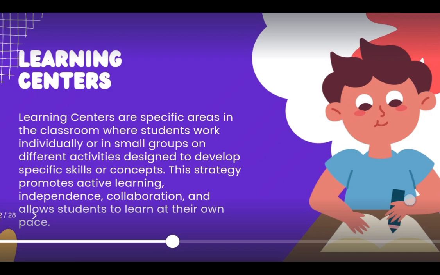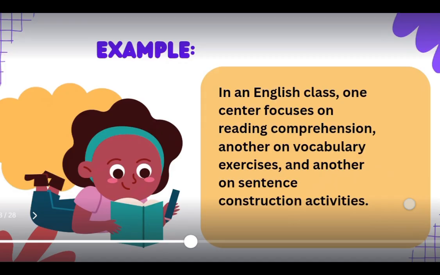So, for example, okay, we have here an example. In an English class, one center focuses on reading comprehension, another on vocabulary exercises, and another on sentence construction activities. So, the activities are different per station, no?